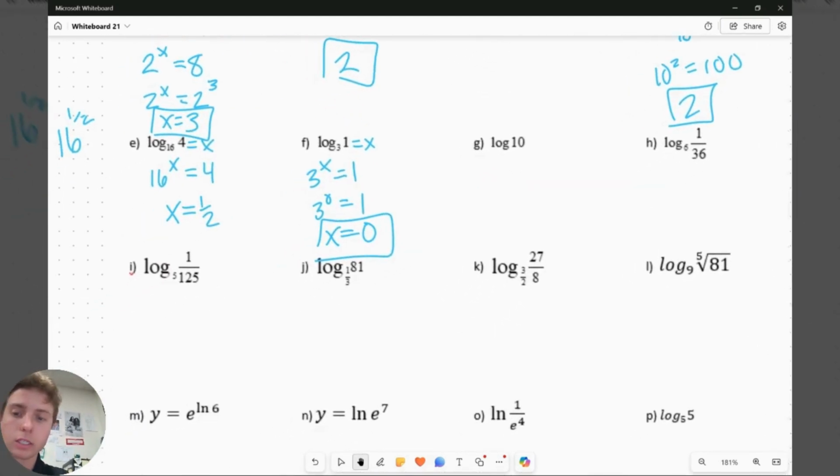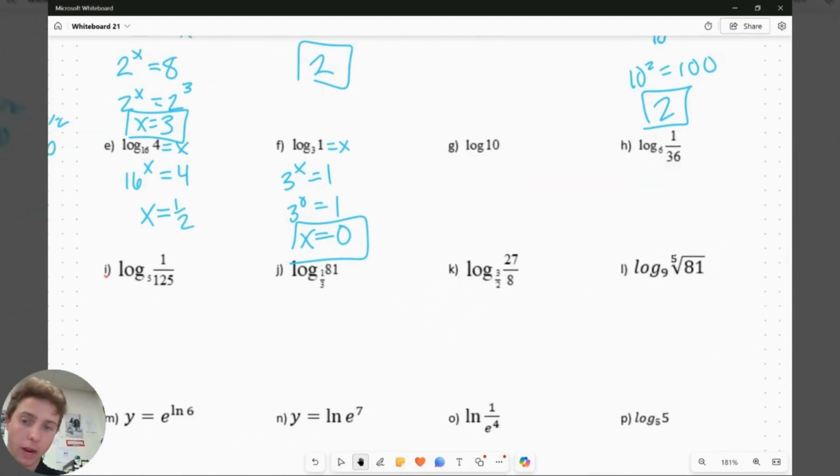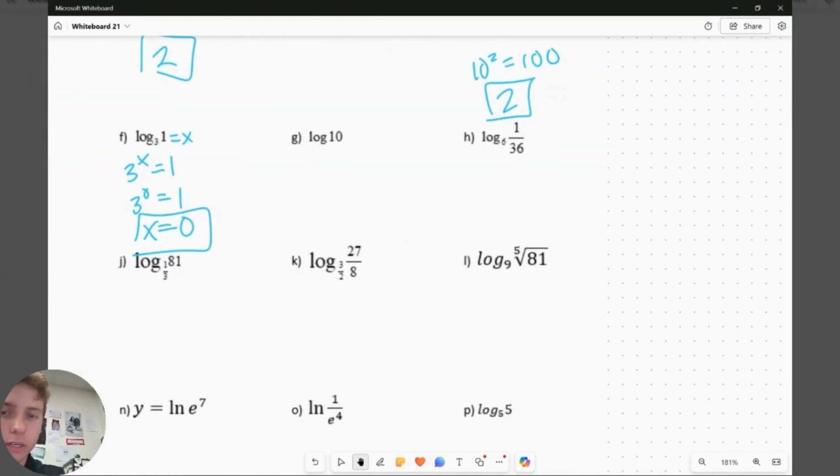Other good ones to note, I believe these fractional ones are good problems. For example, h. h says we have 6 to some power is 1/36. So we need to remember our exponent properties then. How do I get a fraction in exponents?